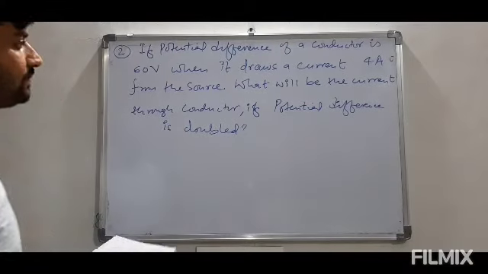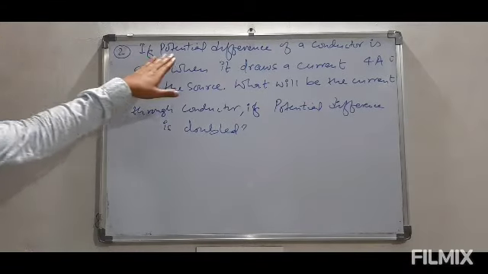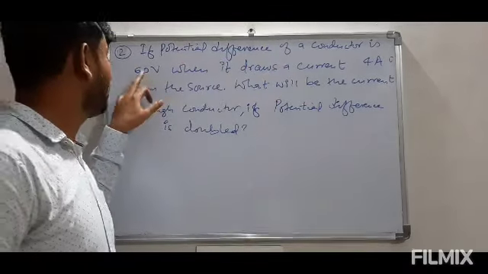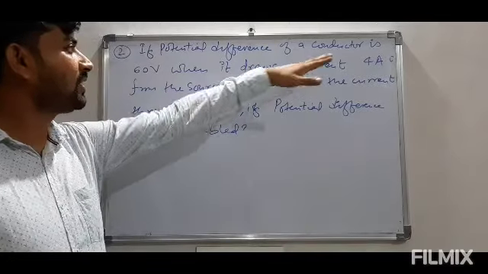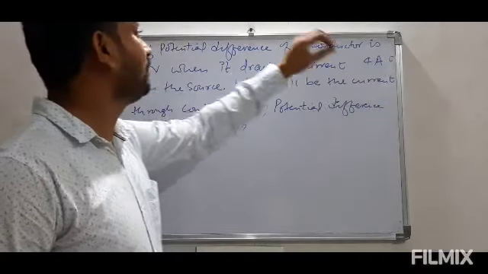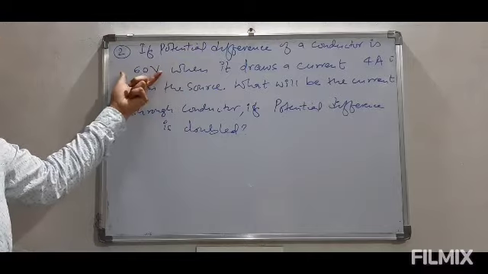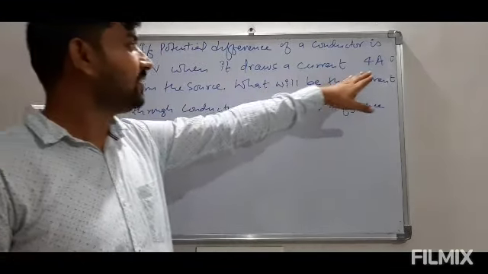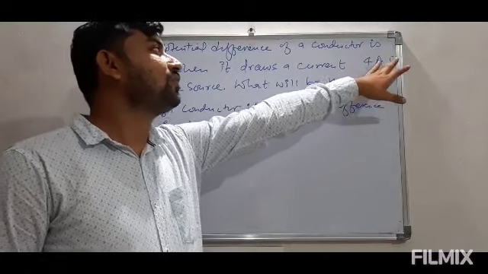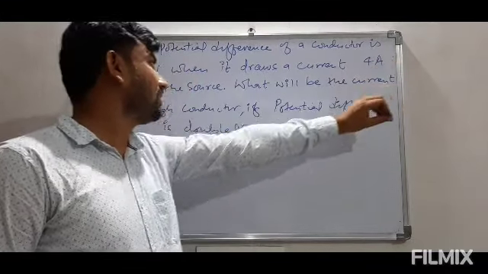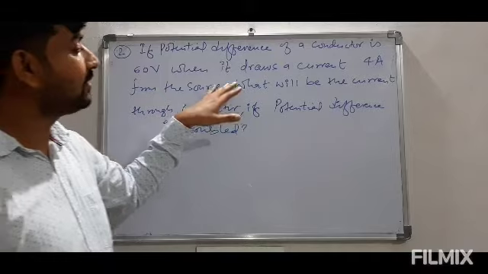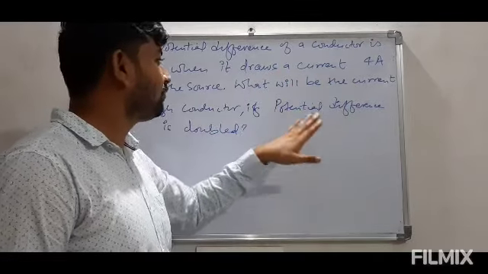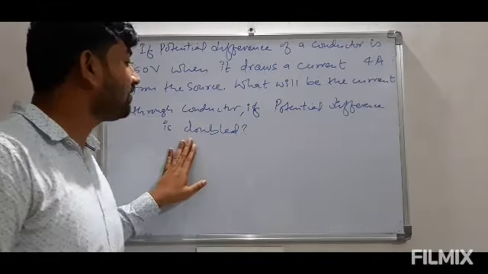This is the question. If potential difference of a conductor is 60 volt when it draws a current of 4 ampere, when the conductor is connected across a source of 60 volt, the current in that ammeter will be measured as 4 ampere. Now we want to calculate what current will be there if the potential difference is double.